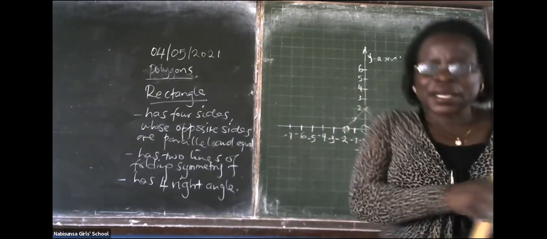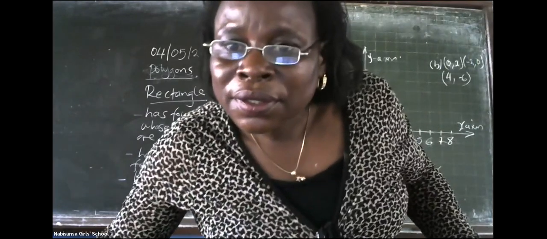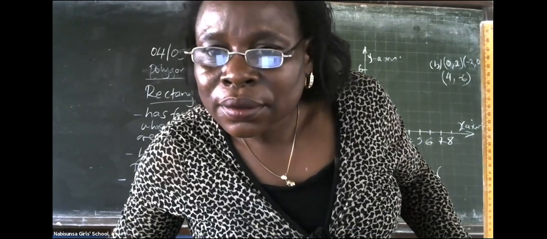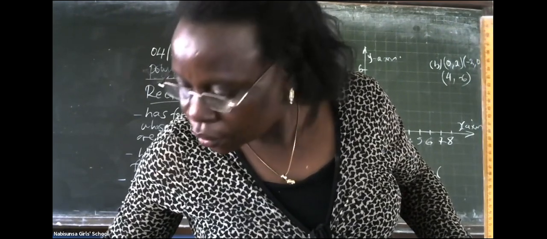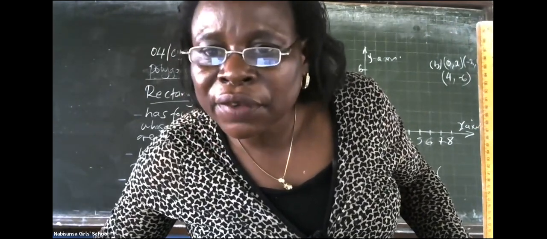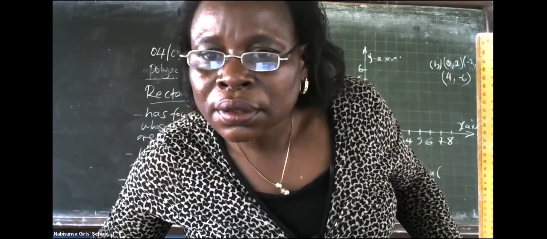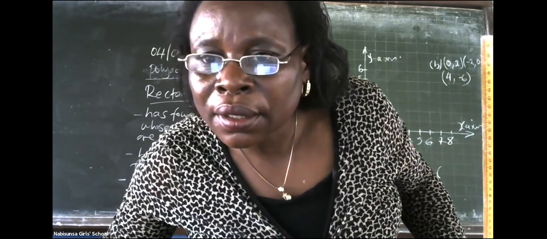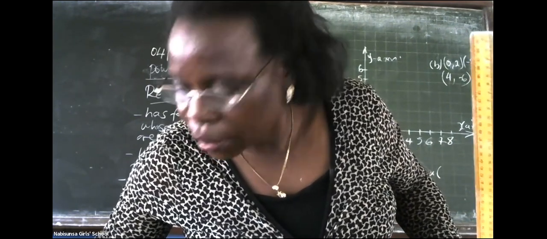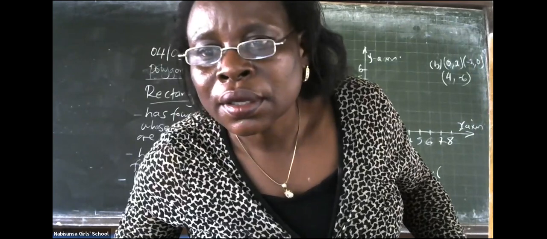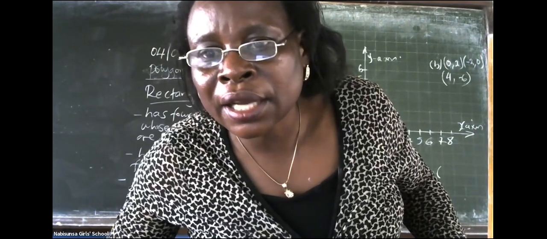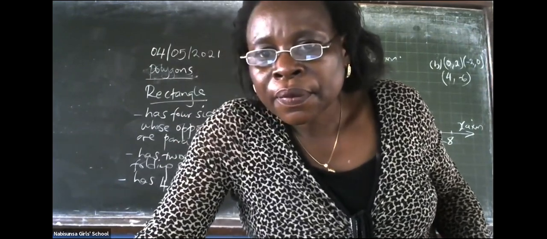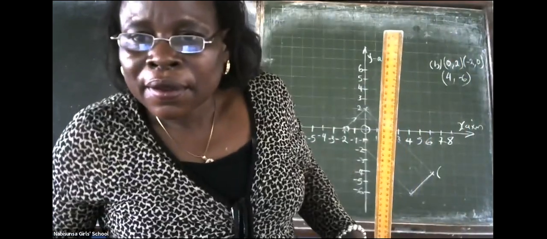Now, the coordinates of 6, -4, Kasana. Have Kasana. Kasana, unmute and give us your submission. Kasana.